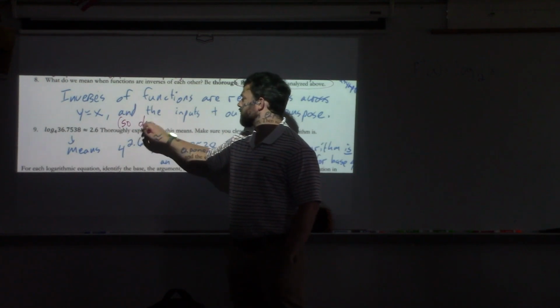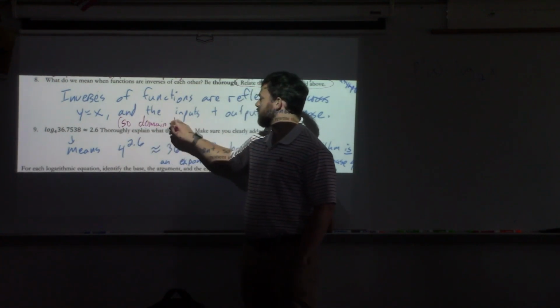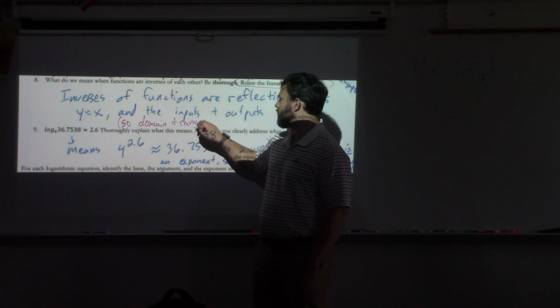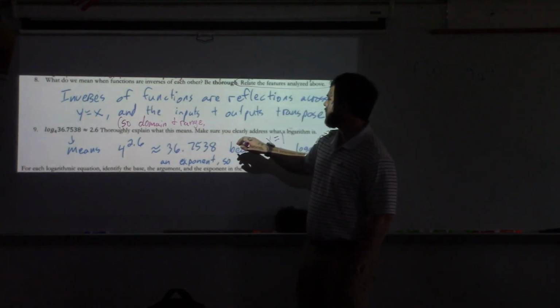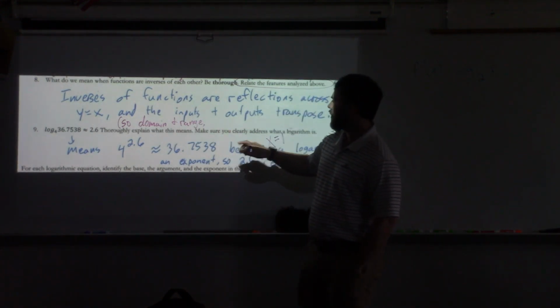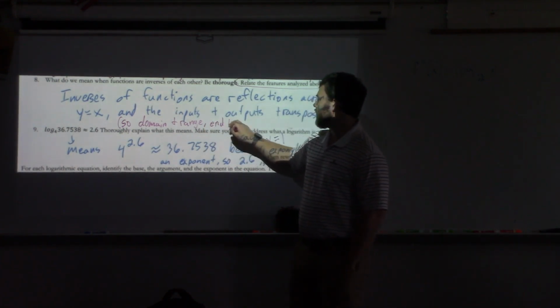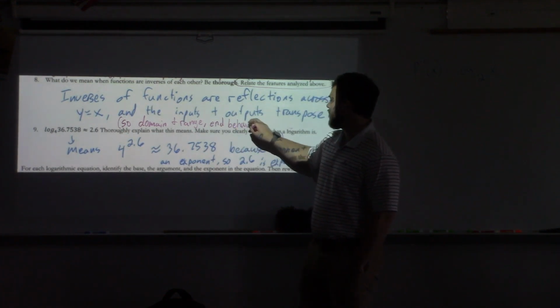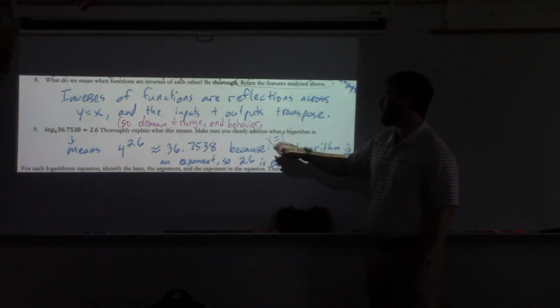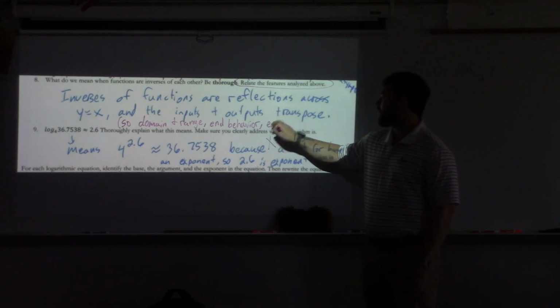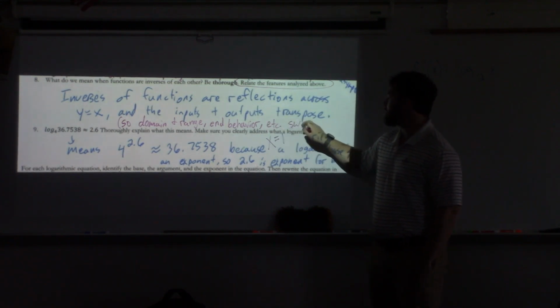Yes, Naisha? I put an equal sign instead of whatever that is. Where? On number 9. Oh, we'll get there in a second. So this would not be a 4, what I originally wrote.